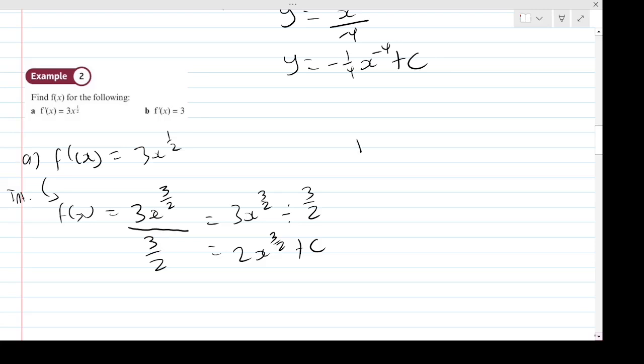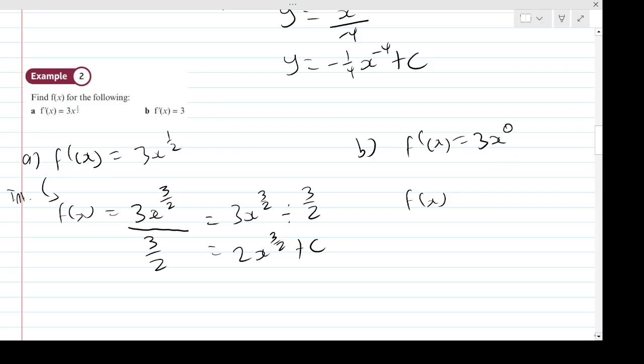Then part B, we have f dash of x now equal to just 3. So then for f of x, we're going to need to integrate. Well, hang on, there's no x here. Remember, we can add on x to the power of 0, because anything to the power of 0 is just 1.